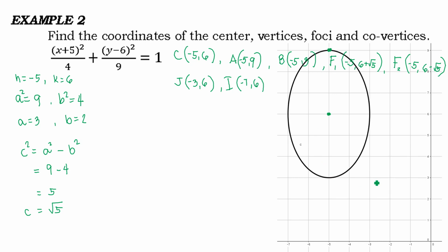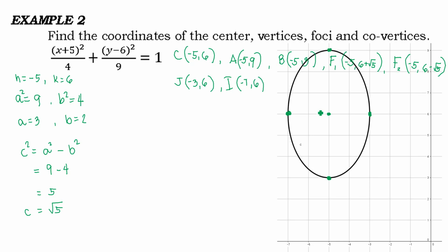Okay, tama na naman siya. Now our co-vertices, we have negative 3, 6. Tama siya. Tapos ang isa, negative 7, 6. Tama siya.